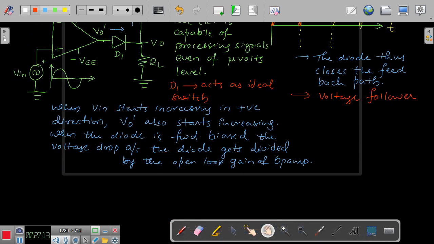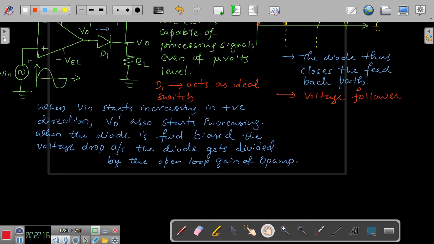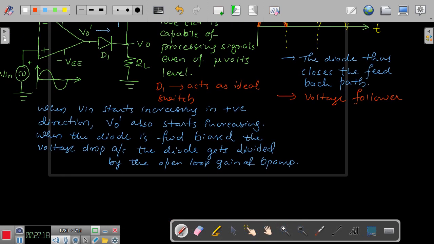Next, during the negative half cycle, what exactly happens? The input voltage will now become negative, so your V in is negative.